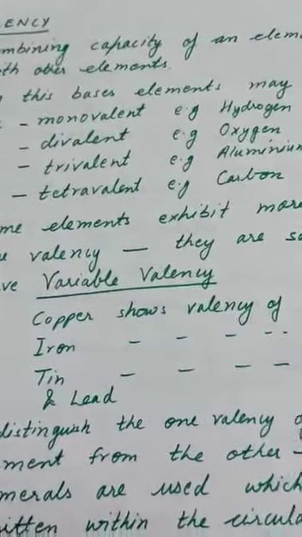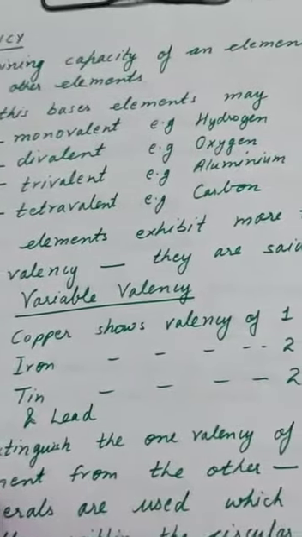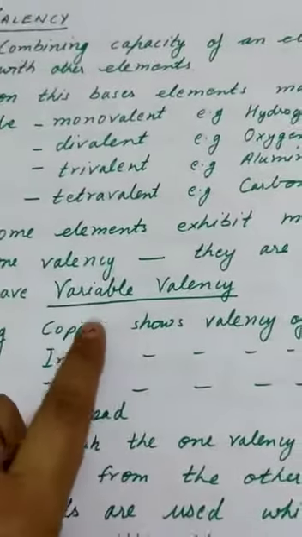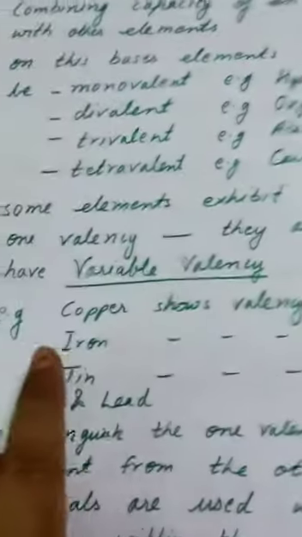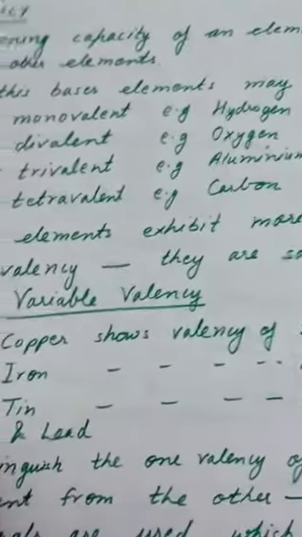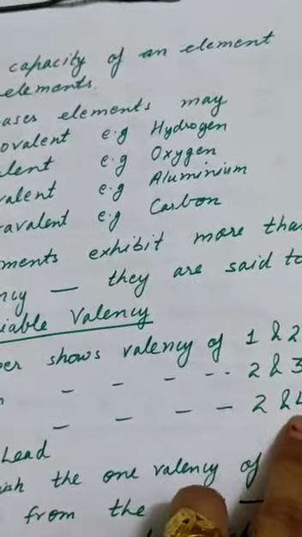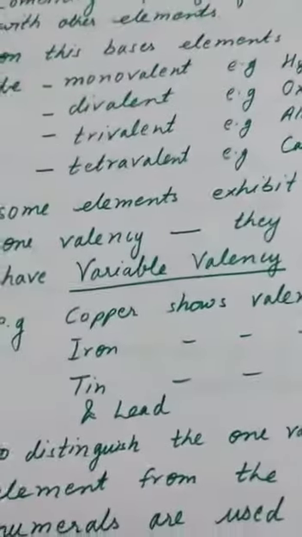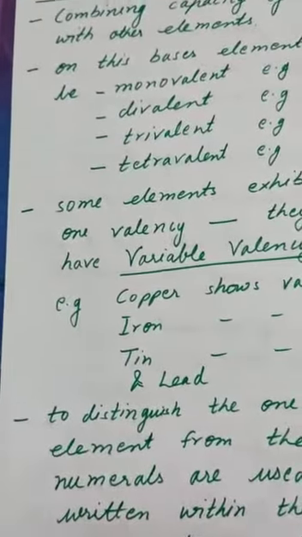So there are certain elements like copper, iron, tin and lead which show variable valency. Students, copper shows valency of 1 and 2. Iron shows valency of 2 and 3, whereas tin and lead show valencies of 2 and 4. So all these elements exhibit variable valency.